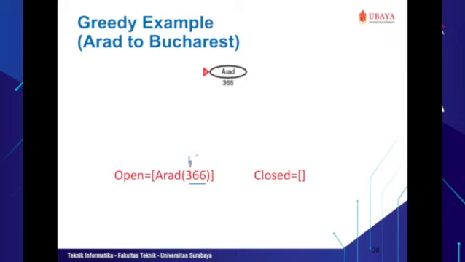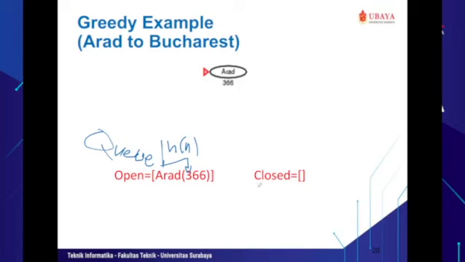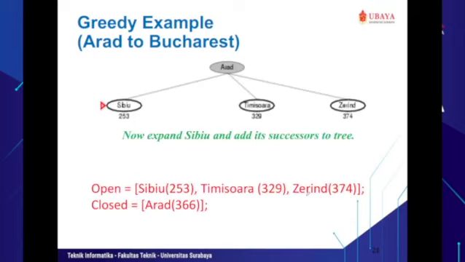This is our open list, the queue, and our initial closed list will be empty. Next, based on the map, the immediate cities connected with Arad will be Sibiu, Zerind, and Timisoara. So we will remove Arad from our open list and move it to our closed list.